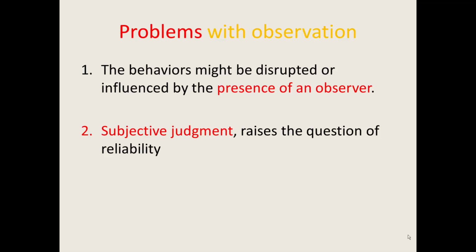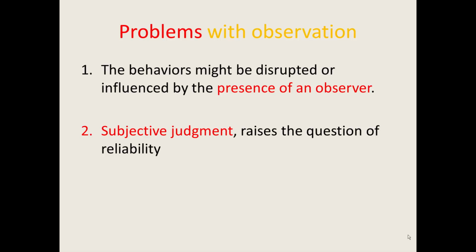Whenever you do observations, you gotta know the problems that may endanger the validity of your observation. First, presence of the observer. We all know that as soon as participants know or notice that they are being observed, they don't behave normally or naturally. The other thing is subjective judgment.